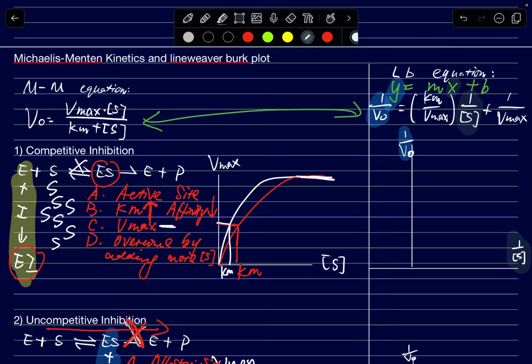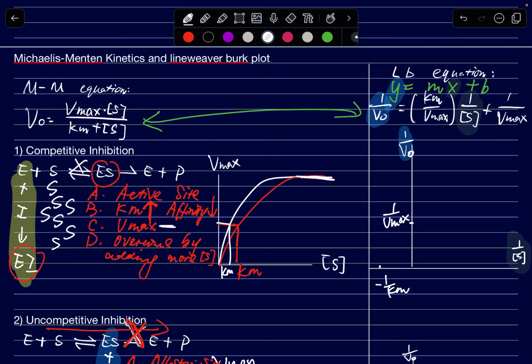And if you do the math, you calculate the y-intercept and the x-intercept, you know that when x equals 0, y equals 1 over Vmax, okay? And when y equals 0, x equals negative 1 over Km, okay?